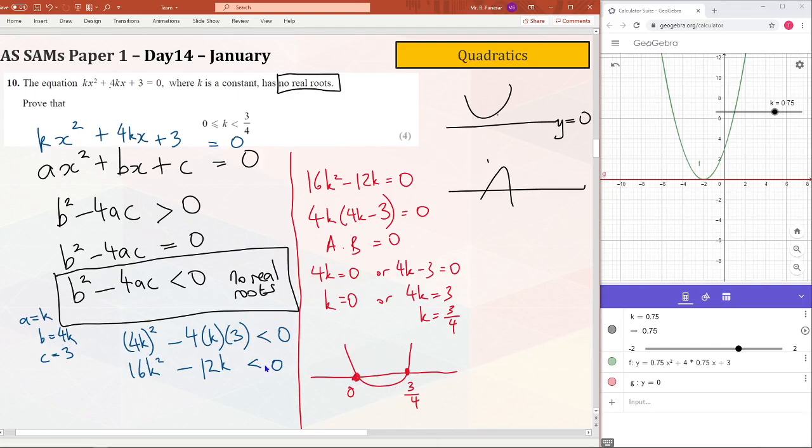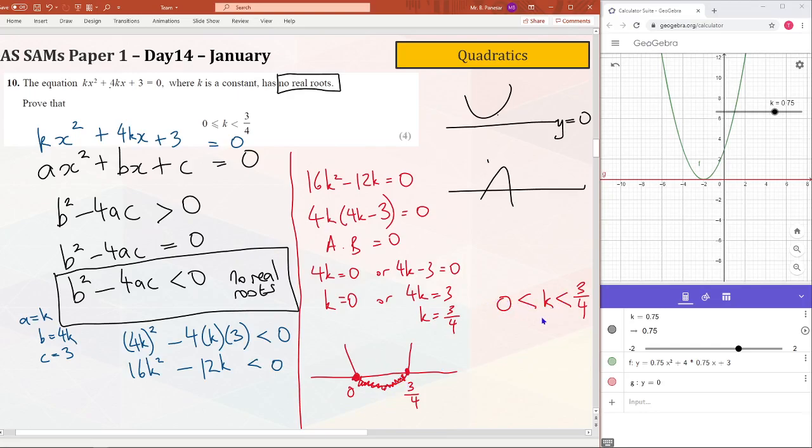Hopefully you can see that it is less than 0 when my values are in between 0 and 3 over 4. So k must be greater than 0, which is that part there, and it must be less than 3 over 4. So that's that part done.